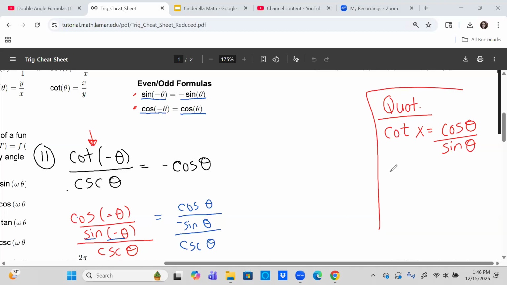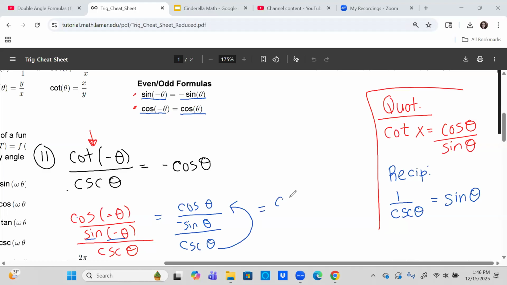Okay, but go to your reciprocals, or again, you might just know these. 1 over cosecant. So cosecant on the bottom is the same as a sine on the top, right? So flip this up to be a sine.